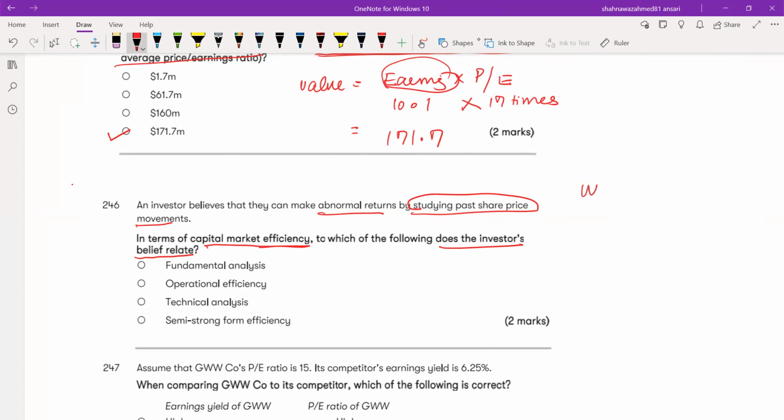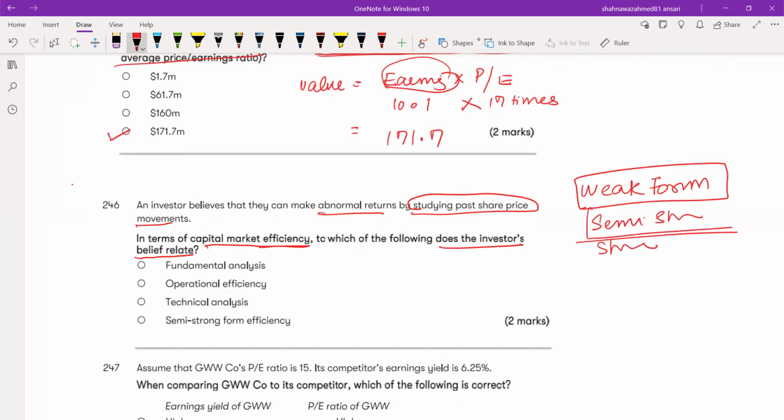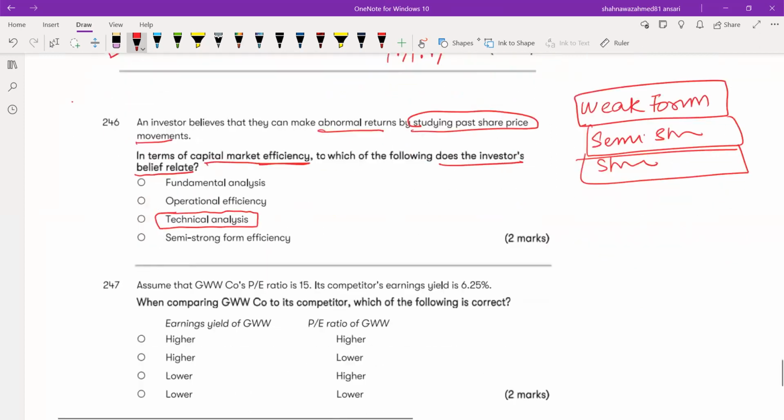If the stock market is showing weak form efficiency, no one can get abnormal return by studying past prices. In semi-strong and strong form, no one can generate abnormal return using past, present, and insider information. So if the investor believes they can make abnormal return, that means through technical analysis they can study past share price movement and earn abnormal return.